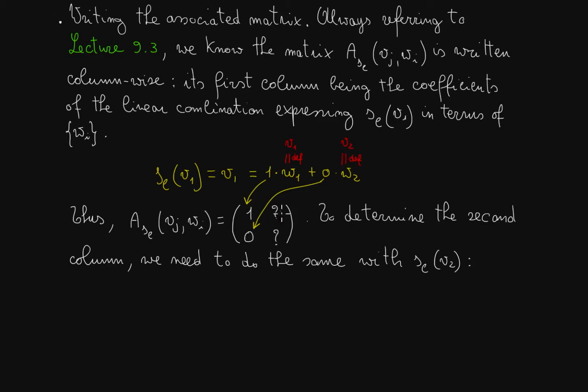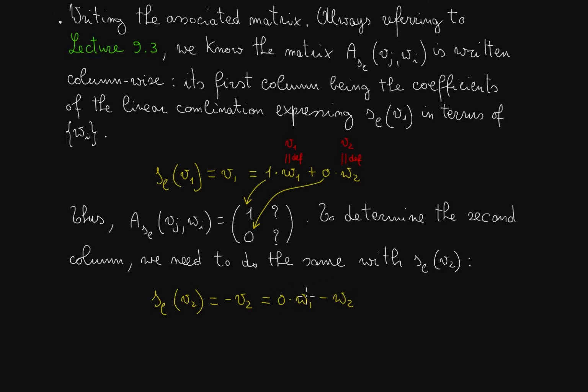The second column is computed by doing the same, except that we want to see the image of the second vector of the basis of the domain, so not V1 but V2. The image of V2 is negative V2, which expressed in terms of W1 and W2 is just as easy as before, because W1 is V1, W2 is V2.